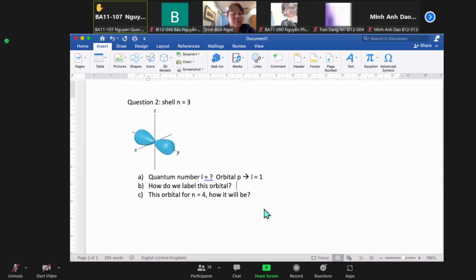I label it as PY because it's on the Y axis. Okay, so this follows the Y axis, so it will be PY, and your shell is 3. So you will label it 3PY.